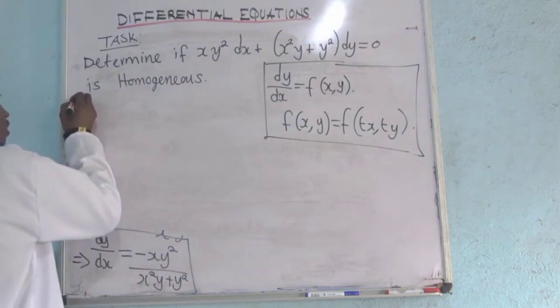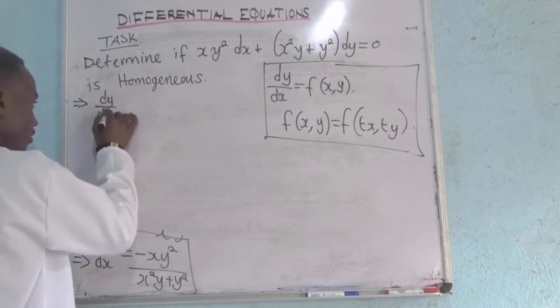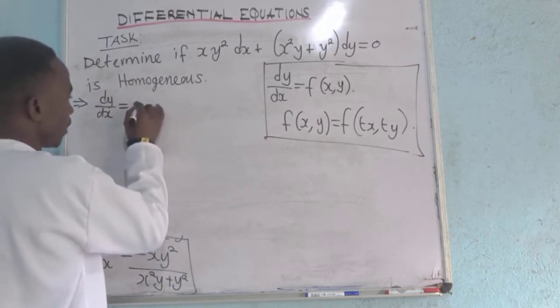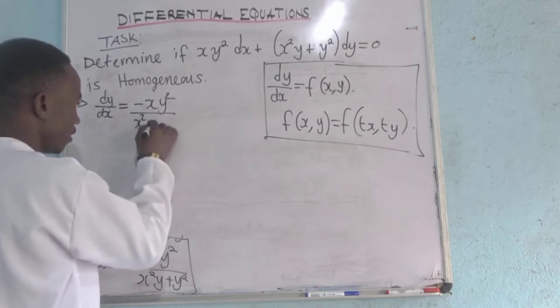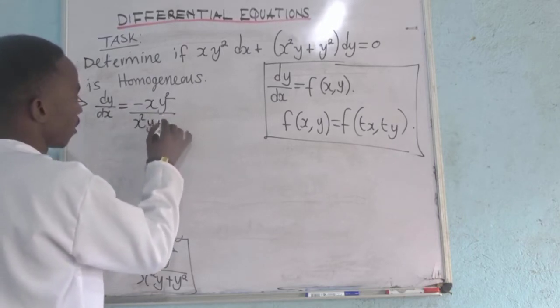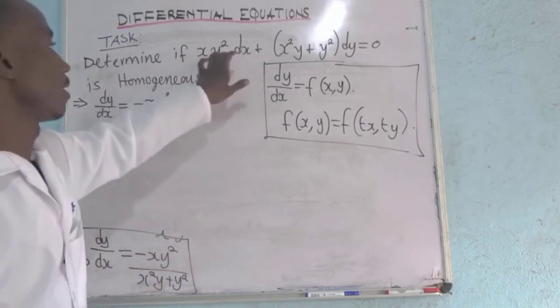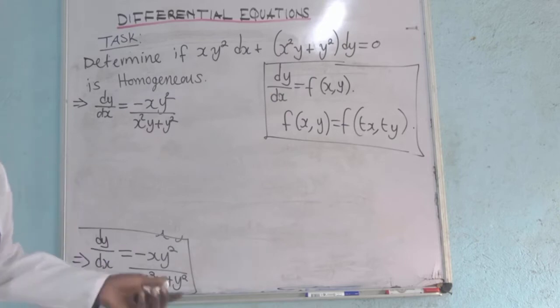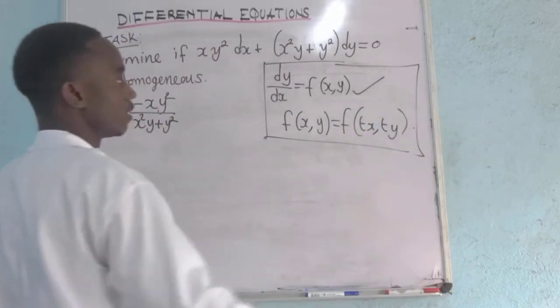So now what you have here is dy dx is equal to negative of xy squared over x squared y plus y squared. So what you have here is exactly the same as this equation here. So now the first part you are done, you've expressed what you have in the standard form.